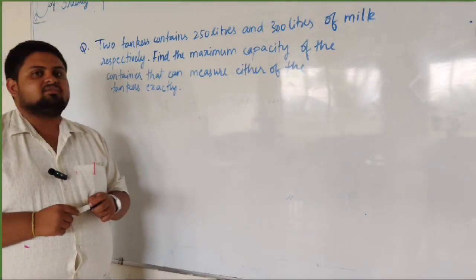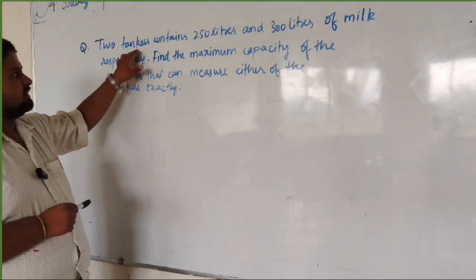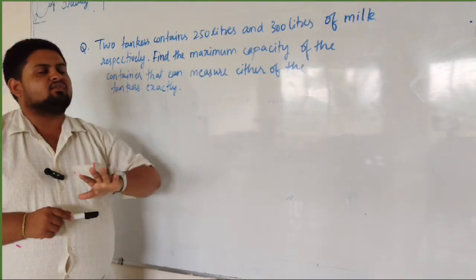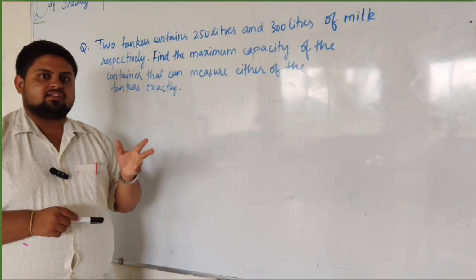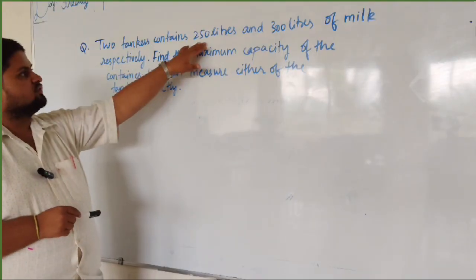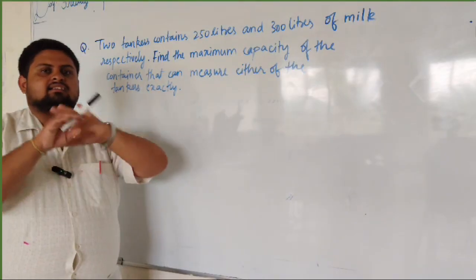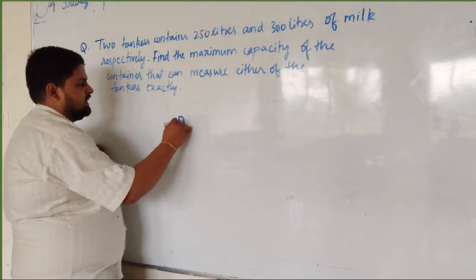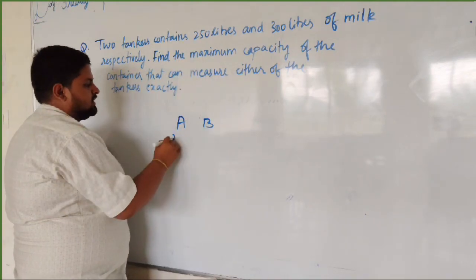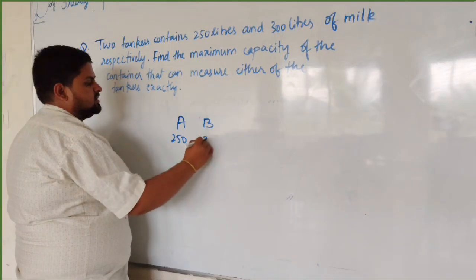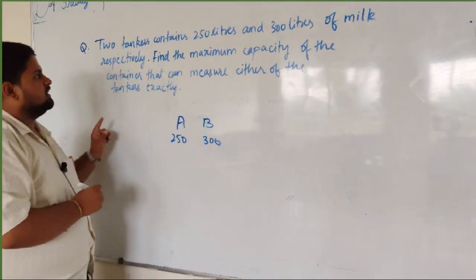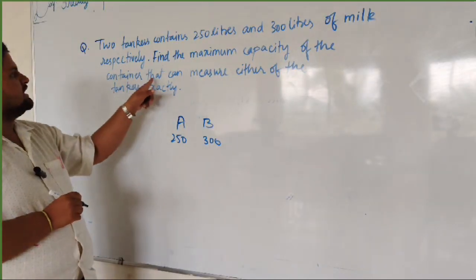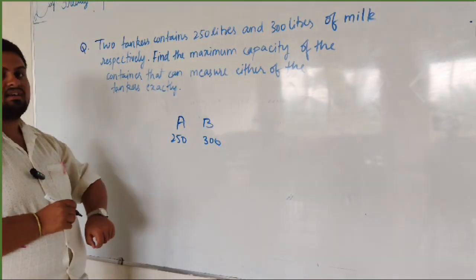Let me explain the question once again. There are two tankers whose capacity is 250 liters and 300 liters and they are completely filled with milk. So there are two tankers, tanker A and tanker B. The capacity of tanker A is 250 liters, capacity of tanker B is 300 liters. We have to find the maximum capacity of the container that can measure either of the tankers.